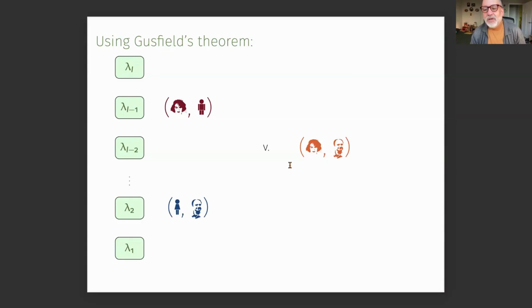Notice that that fact would be obvious if this red guy was Martin, right? Because this guy is very high for Karen. If this was Martin, then Martin down here is at a better matching for men, so the answer would be very obvious.